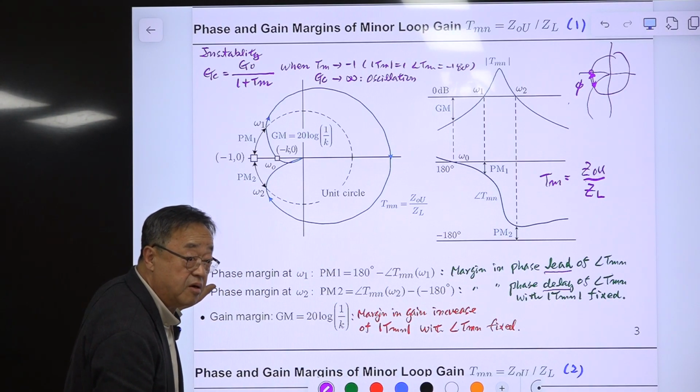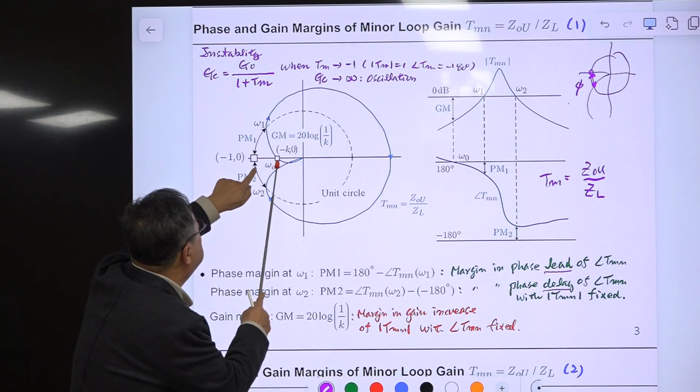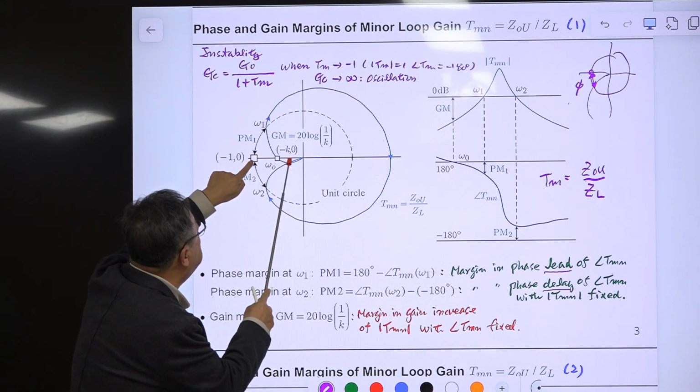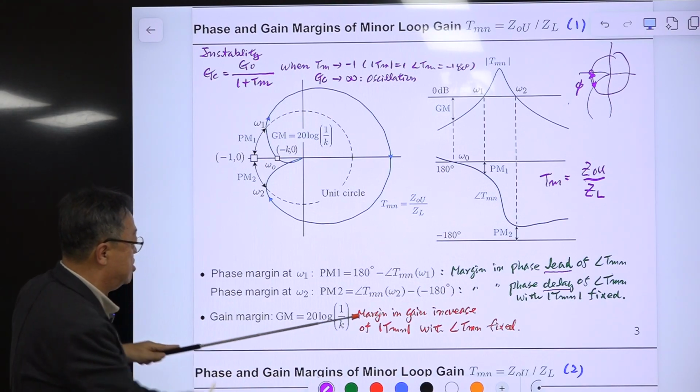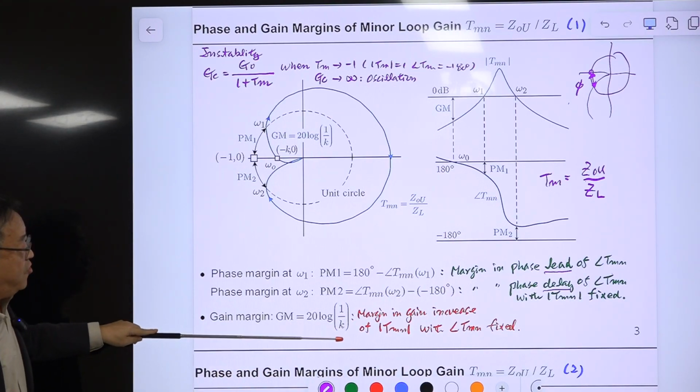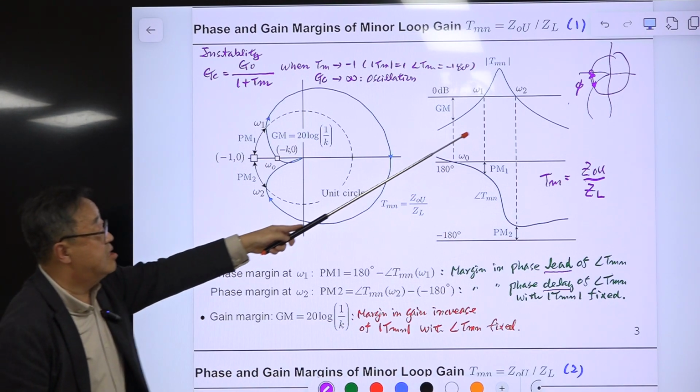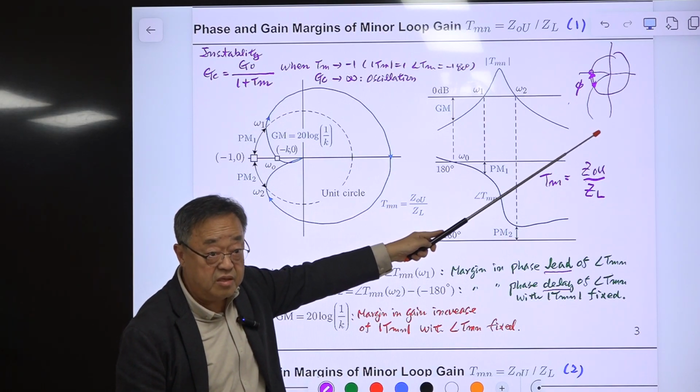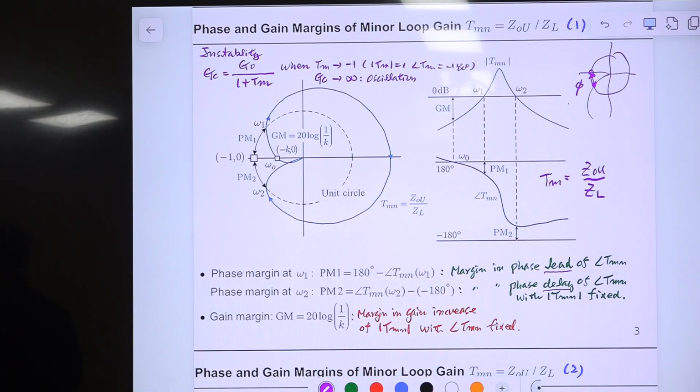If it is increased by this much, it passes here. So this is the same as the definition of gain margin in the conventional case. The conventional case gain margin is defined for cases. Suppose something like this.